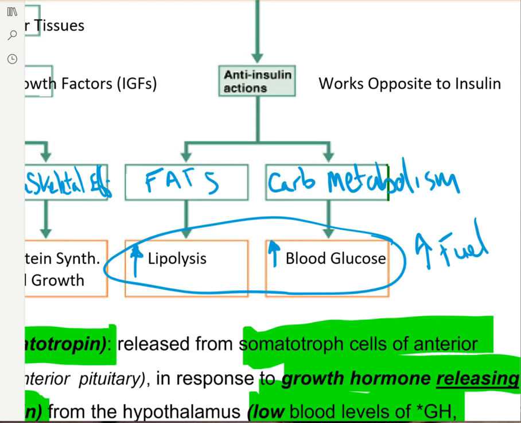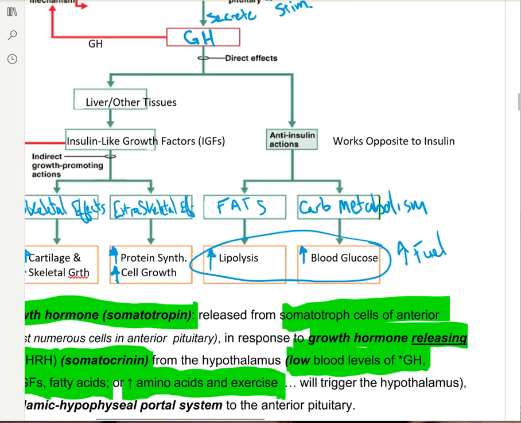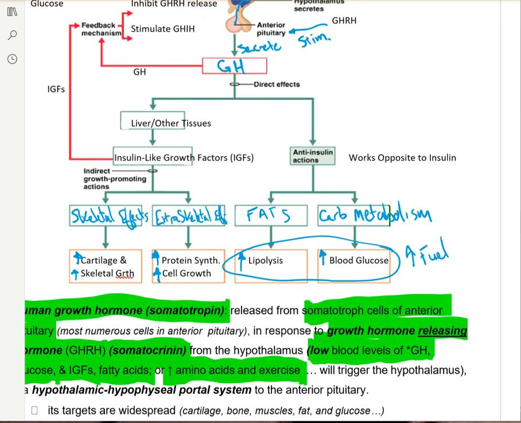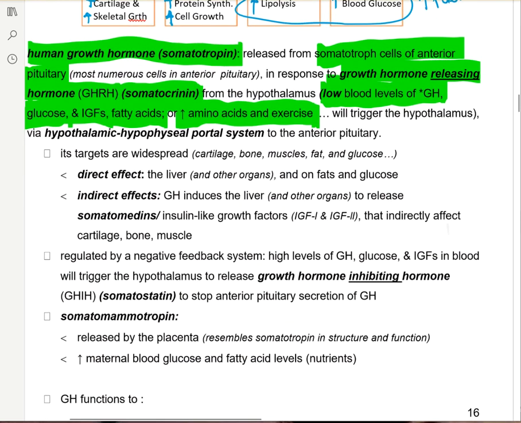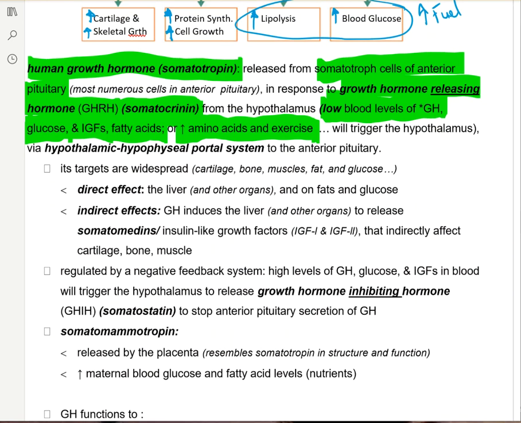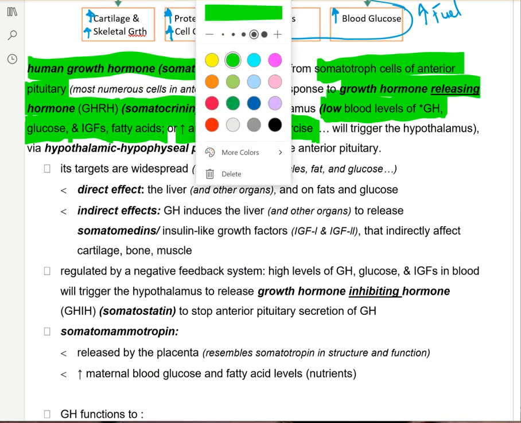Okay? So it's kind of interesting because growth hormone works a little bit like insulin might and a little bit not like insulin does. So that makes it kind of unique. Now, everything I just wrote in there is down here. So let's do a little highlighting.